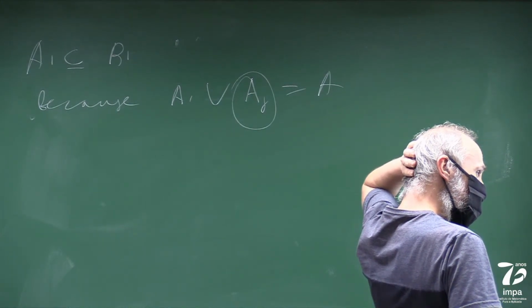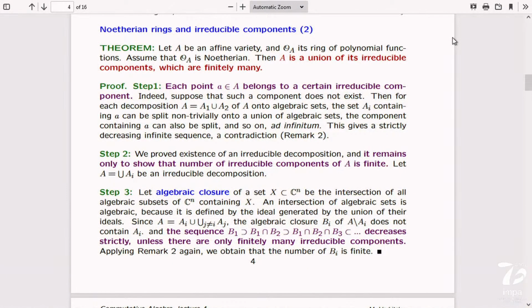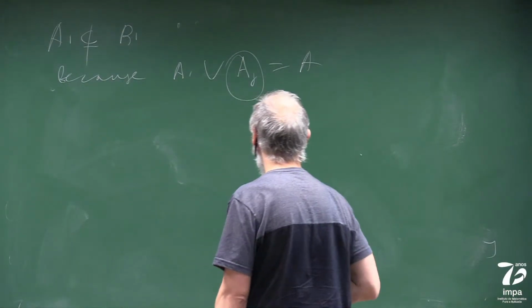Well, the intersection of algebraic sets is algebraic because it's defined by the ideal generated by the union of ideals. It's almost a tautology. You wrote that AI does not, doesn't. Thanks.